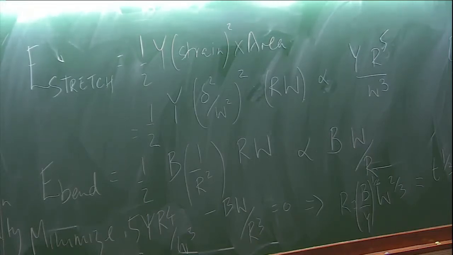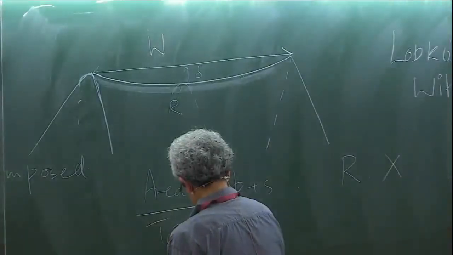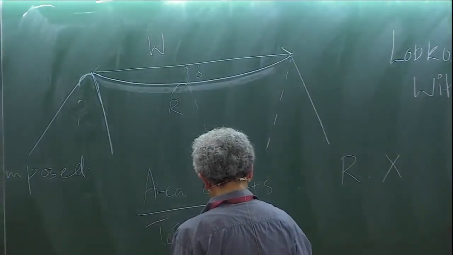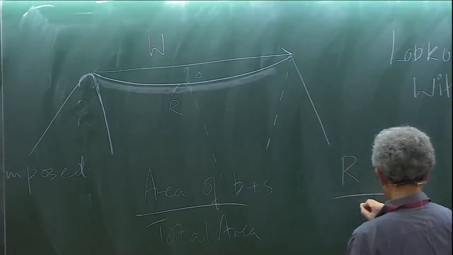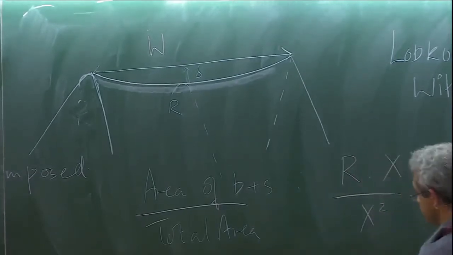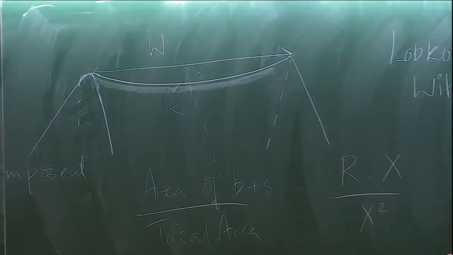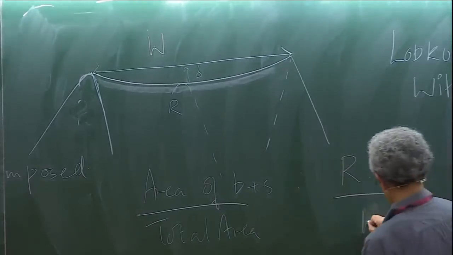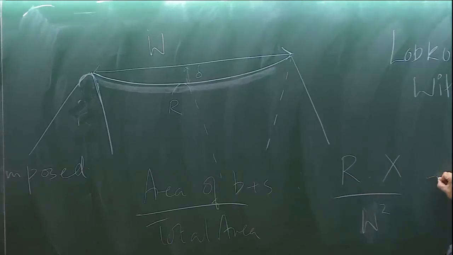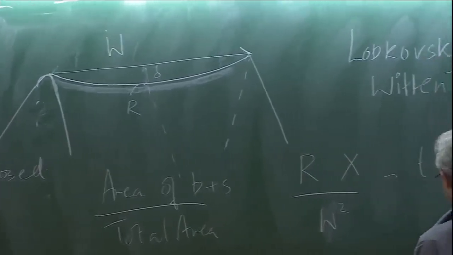Of bend plus stretch is, this is the fraction of the area divided by total area. And that's, you know, this thing has a t to the 1/3.